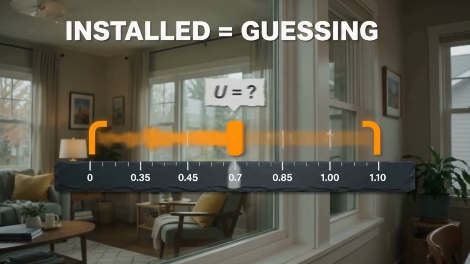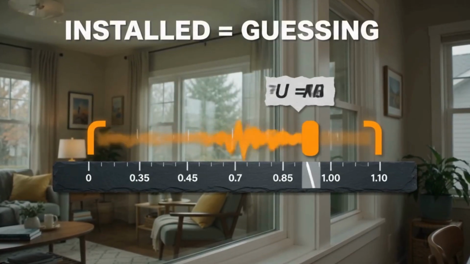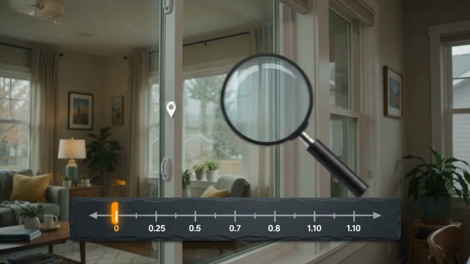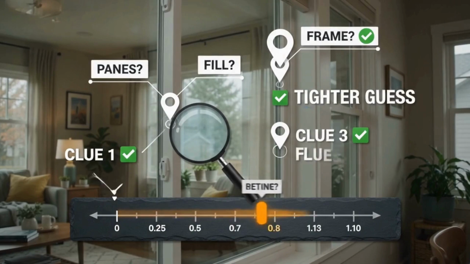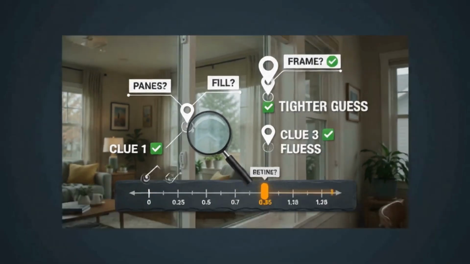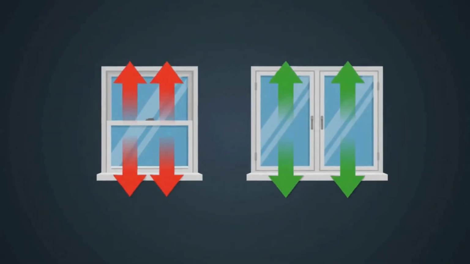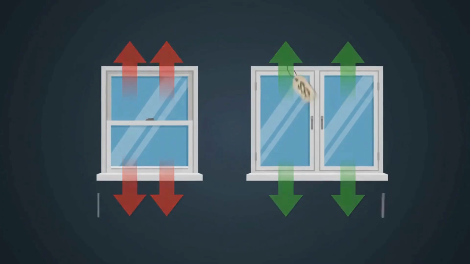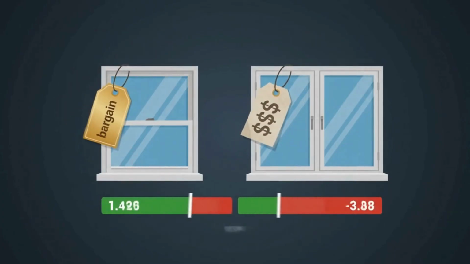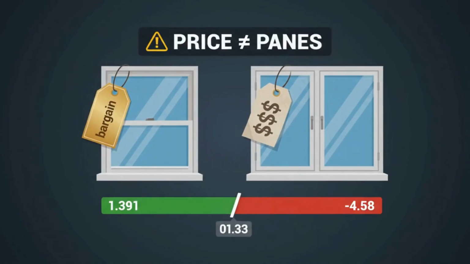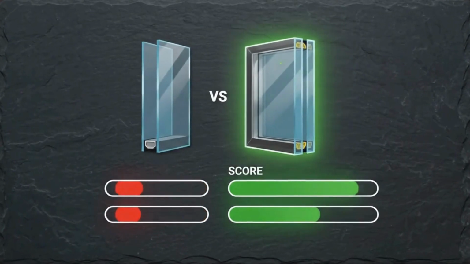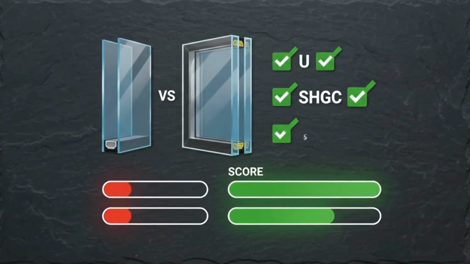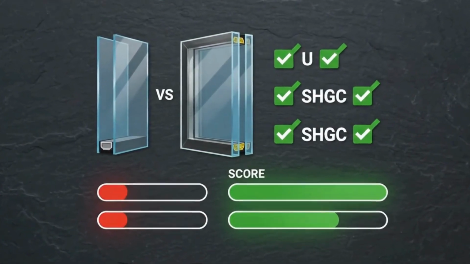So a single pane window versus a double pane window: the single pane window is typically going to have a higher U factor, and could typically have a higher solar heat gain coefficient. Not all the time, it depends on how inexpensive the double pane is and how expensive the single pane was. But typically, double pane is going to give you a better insulator, a better U factor, and a better solar heat gain coefficient. So that's one thing.